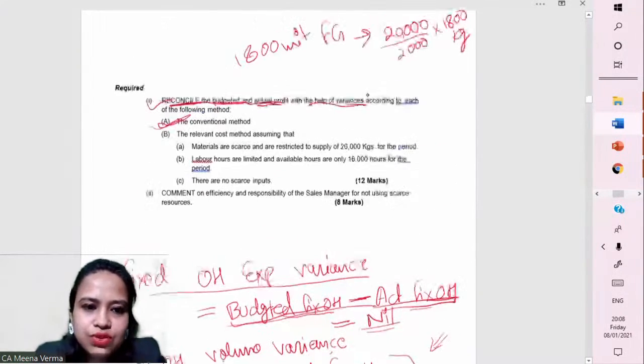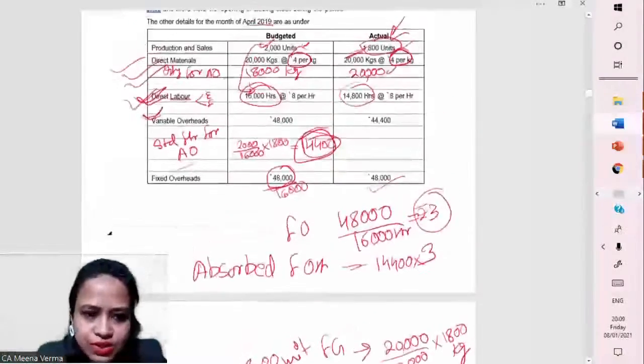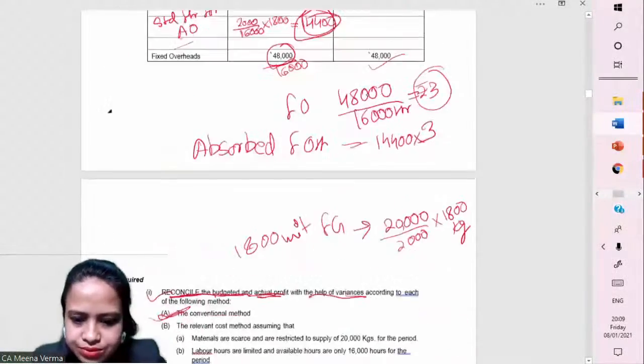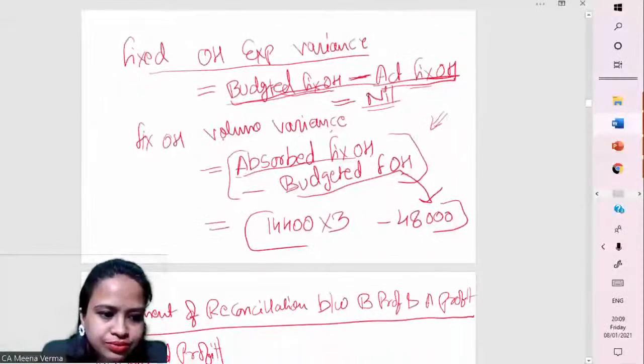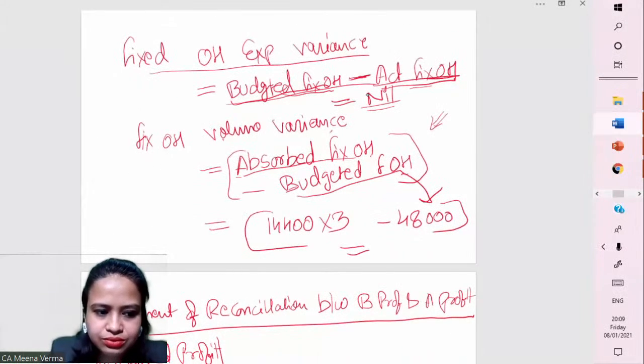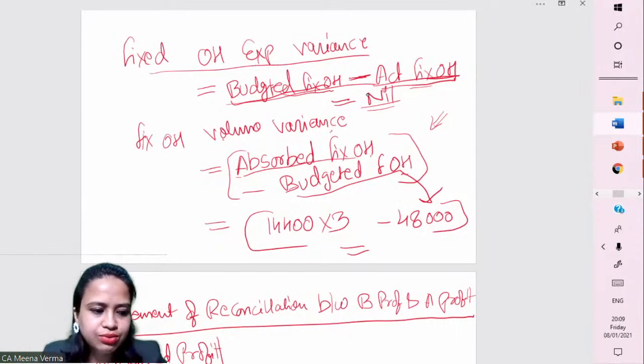Okay. So the value of this fixed overhead volume variance is what? You will solve and give me this value. Okay, solve this and give me the value.